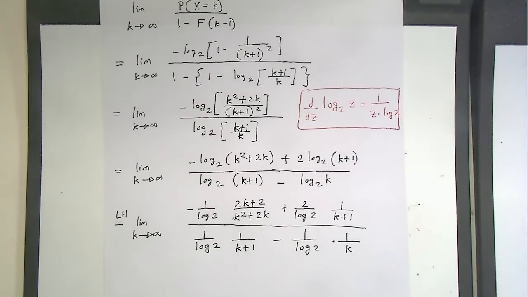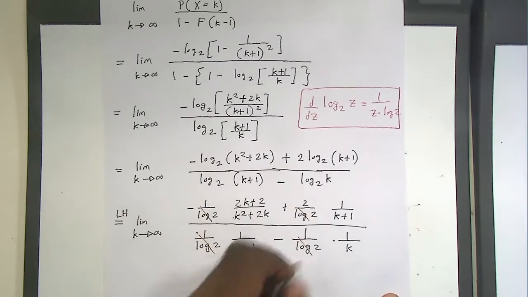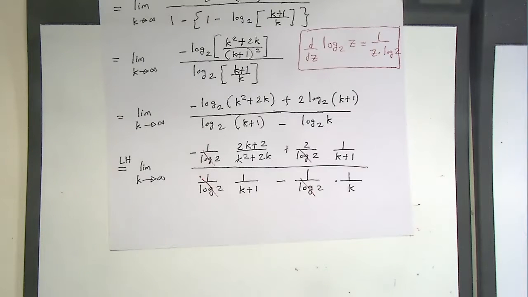What have I done here? I used L'Hopital's rule, which means I have differentiated the top and the bottom with respect to k. So if you differentiate the top with respect to k, this is what you get, and the bottom with respect to k, this is what you get, right? Alright, so a few things cancel. This guy here cancels with this, this all cancel, right?